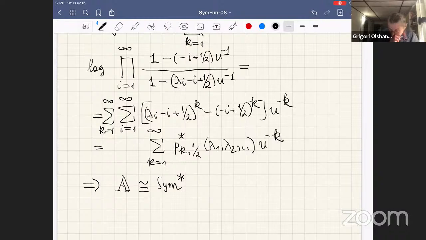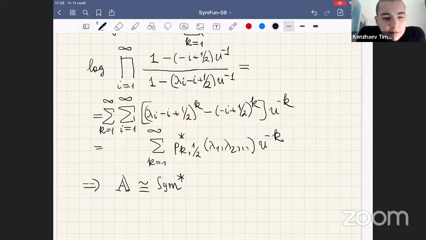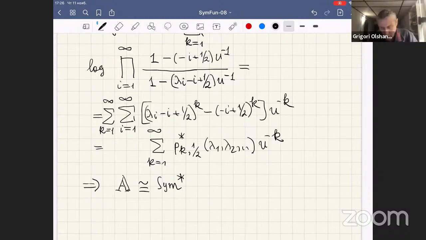This is because we simply... Shouldn't we divide by k in the expression of the logarithm into Taylor series? Yes, you are right. Thank you. Indeed, of course, you are right.